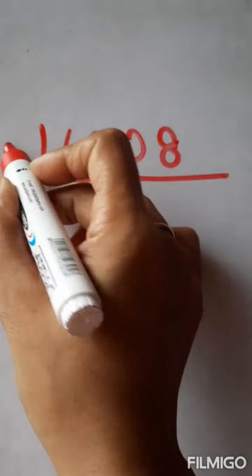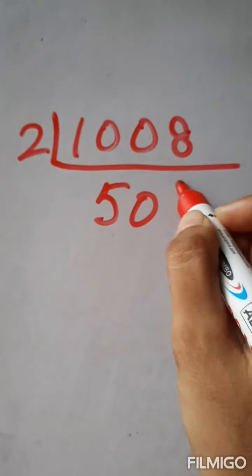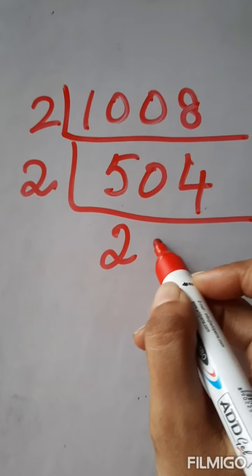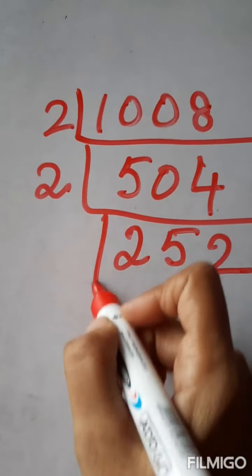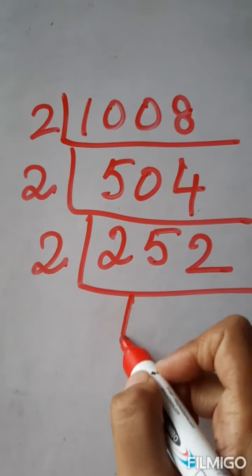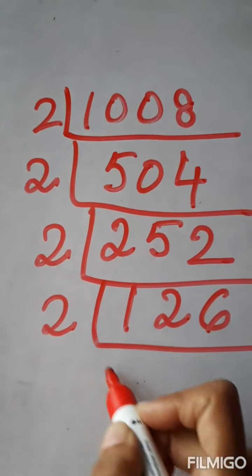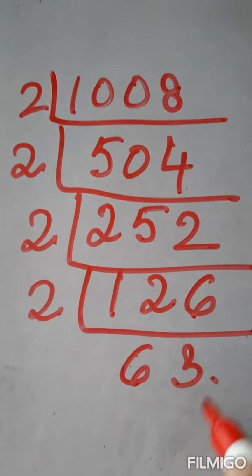Now we are going to find out by which number 1008 should be divided or multiplied to give a perfect square number. Because it is an even number, we divide it by 2, we get 504. Again it gets divisible by 2, we get 252. Again by 2, we get 126. Again by 2, we get 63.